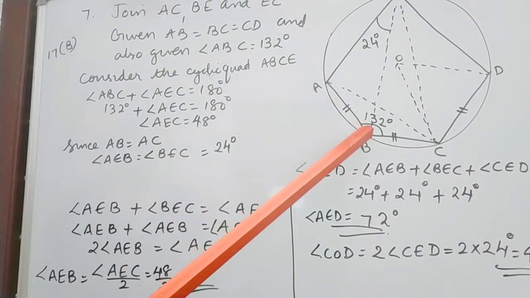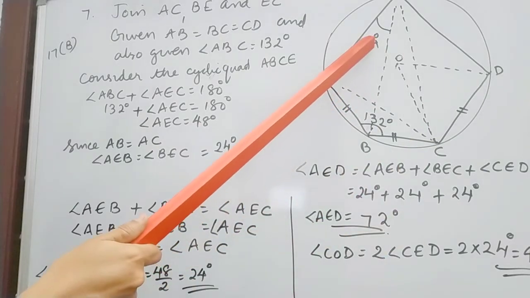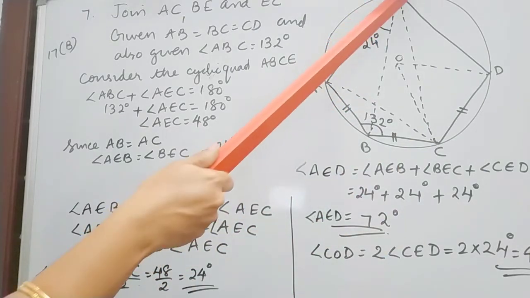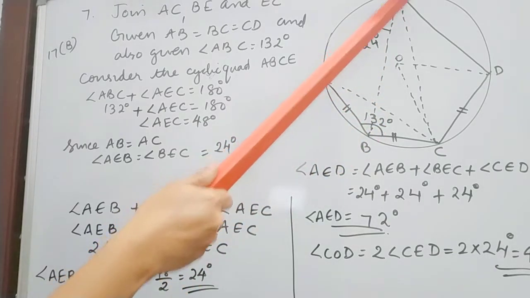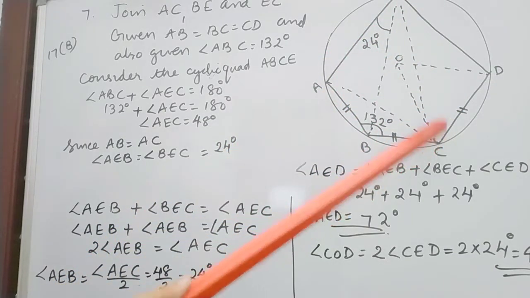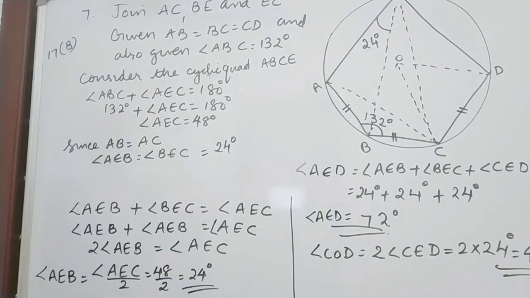So AB, BC and CD are equal means these angles will be equal, that is AEB will be equal to BEC will be equal to CED. These three angles will be equal.